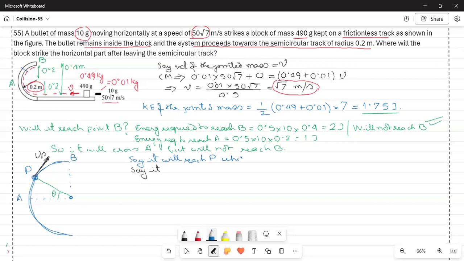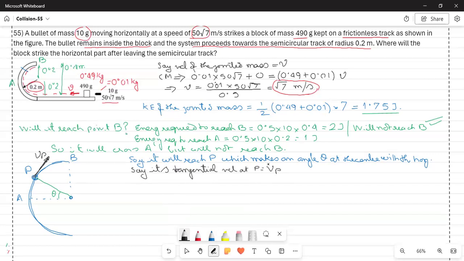I also write which makes an angle theta at the center with the horizontal line, and say its tangential velocity at t is equal to vt.